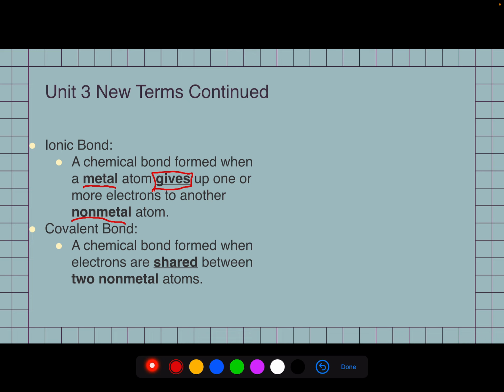So this one, your ionic bond, is your metals and nonmetals. And your metal electrons are going to be given to your non-metal atoms, okay? It's all about giving here. Giving metals and nonmetals.